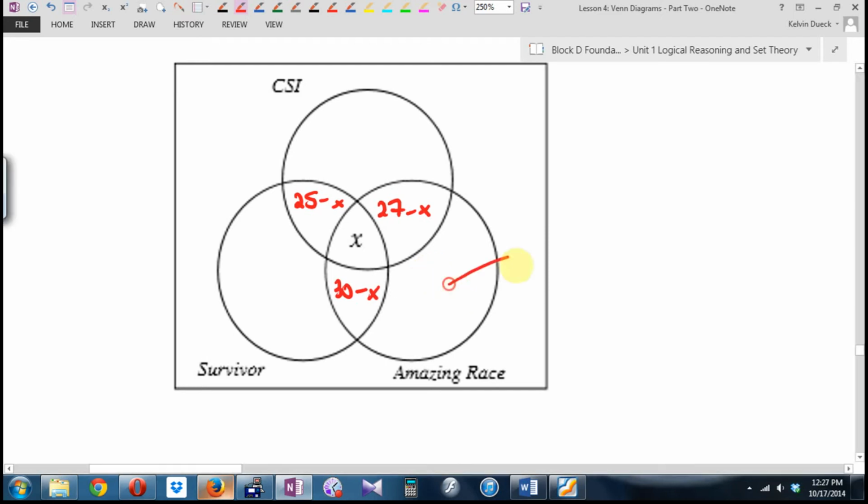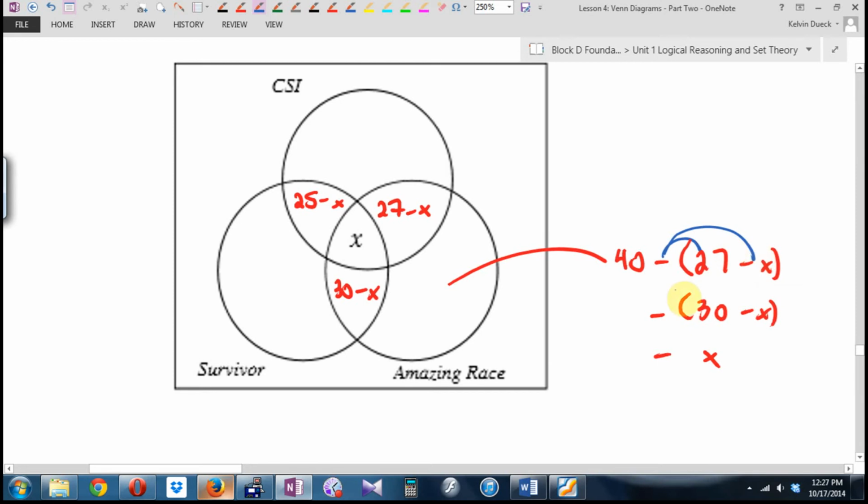So this is going to be 40 take away 27 minus X, take away 30 minus X, take away X. And you'll notice that simplifies because I have a minus minus right here, and I have a minus minus right here. Really what this works out to is 40 take away 27, take away 30, plus 2x's minus 1x.